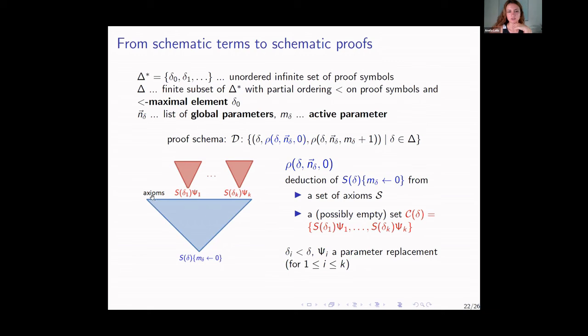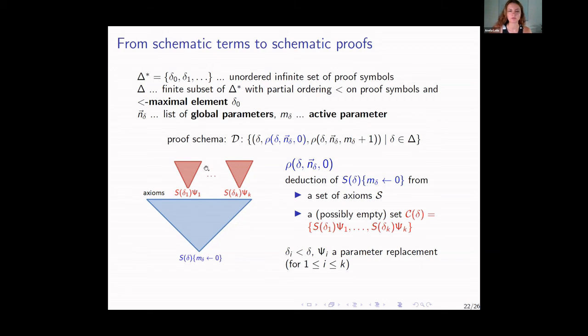We have as initial sequences some axioms, depending on which calculus we're working with. So just simple axioms. And here we might have, so this is possibly empty, but we might have initial sequences that are no axioms, but they are end sequences of other proof schemata.